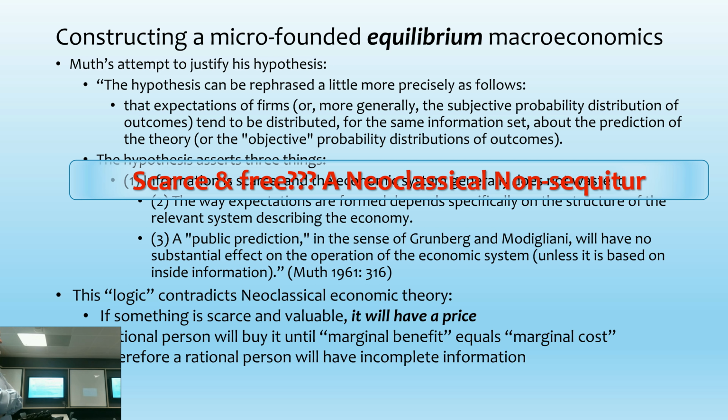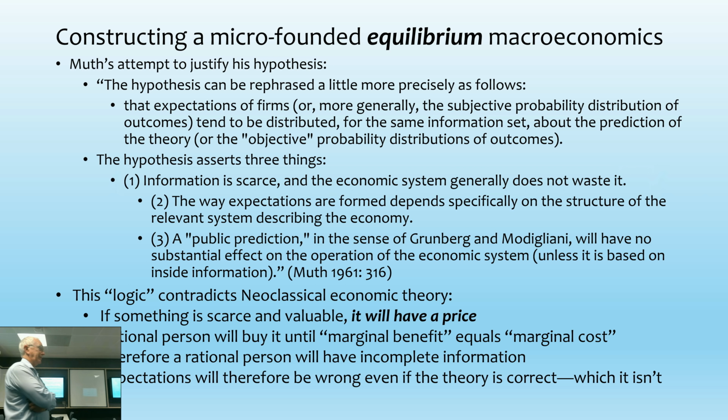You're going to buy less information than is necessary to be accurate about the future because it's not worth your while to do it. So what this implies is expectations are going to be wrong. Not hugely wrong in this particular framework, okay, because you'd be close to, but not on, the equilibrium. So it's a reason to say you can't do equilibrium analysis. But they just simply look at that line, information is scarce. Oh, that's true. Yeah, okay, so we're going to use it then, aren't we?